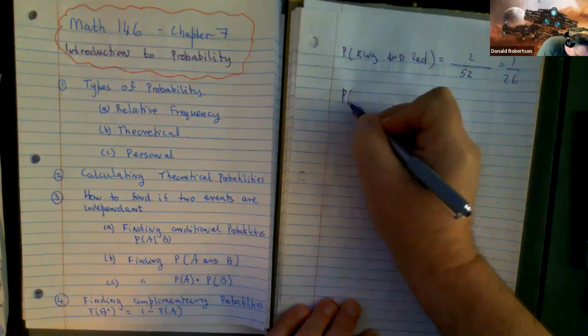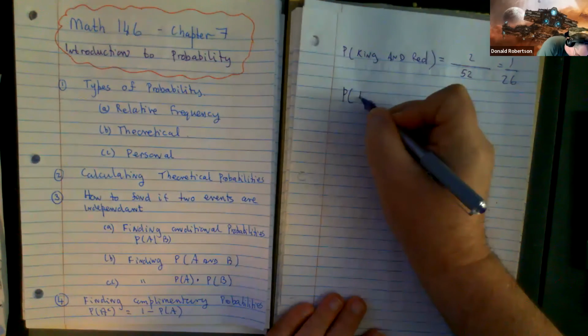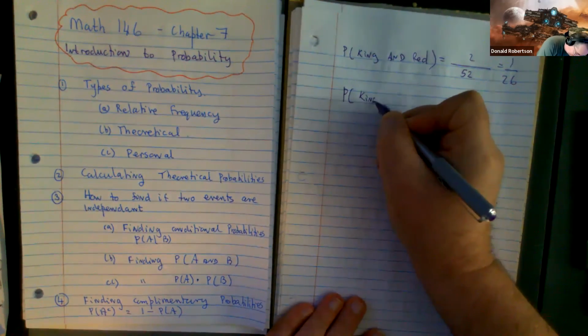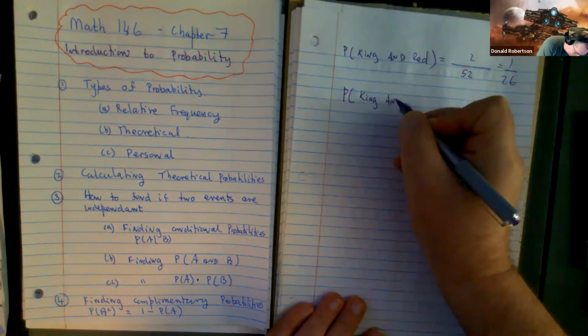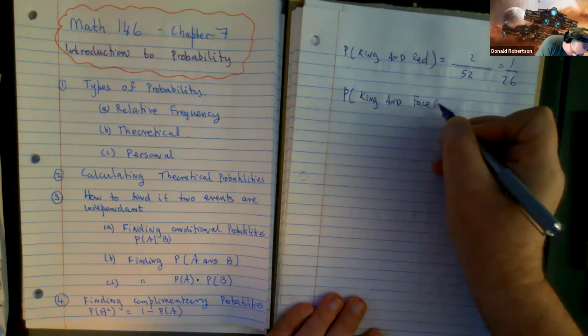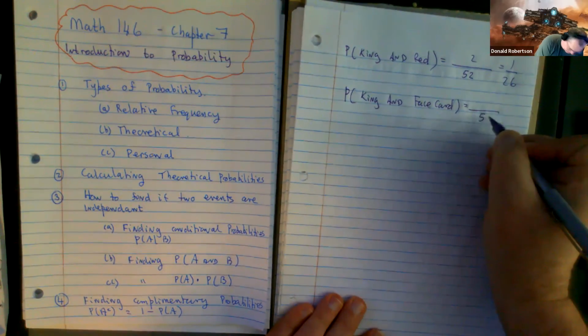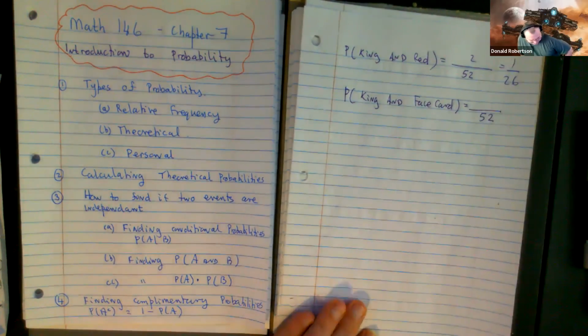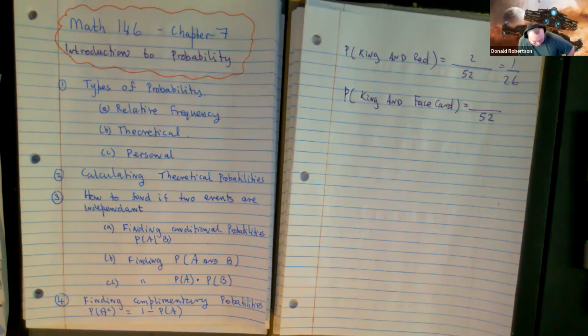What's the probability that you're a king and a face card? Trick question. 4.